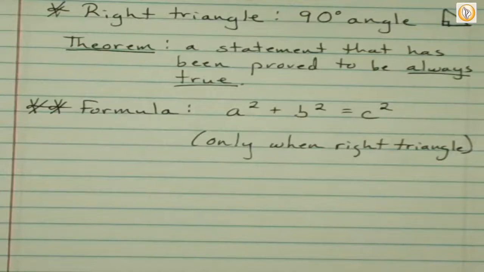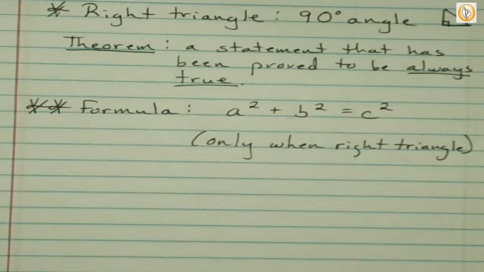Basically, the Pythagorean theorem, let me explain. This formula is used to find different lengths of sides of a right triangle. If you're given any two lengths of any two sides of a right triangle, you can use this formula to find the third.